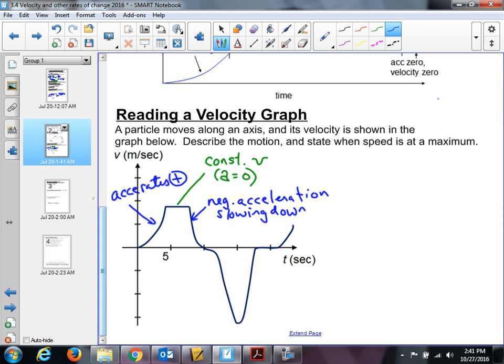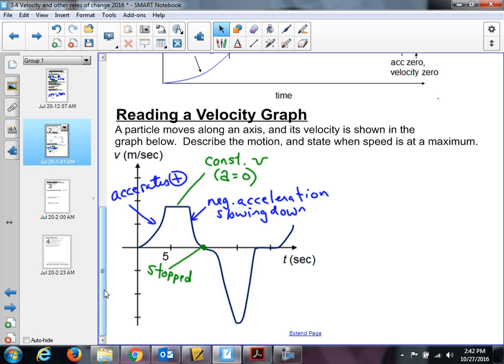Okay. Is the 0 important? Is it? When v equals 0, what does that mean? It's not moving. Stopped momentarily, but it is stopped, right? So v equals 0. I'll just put stopped.